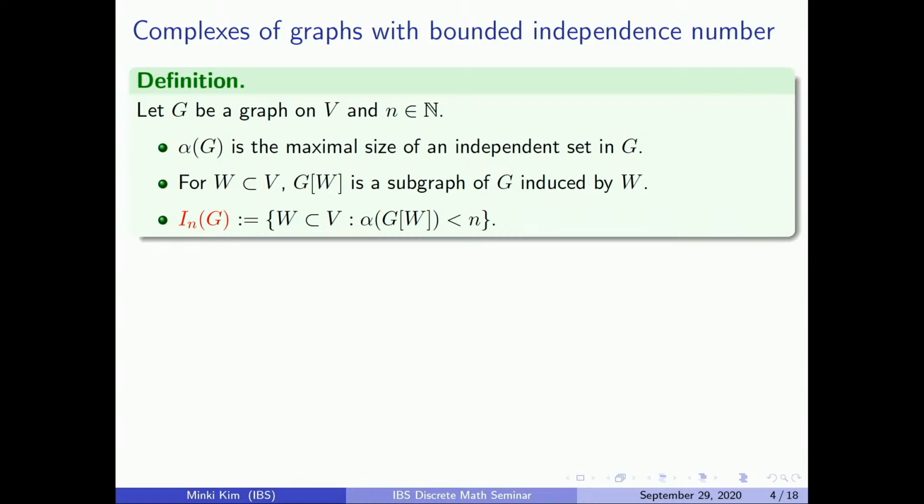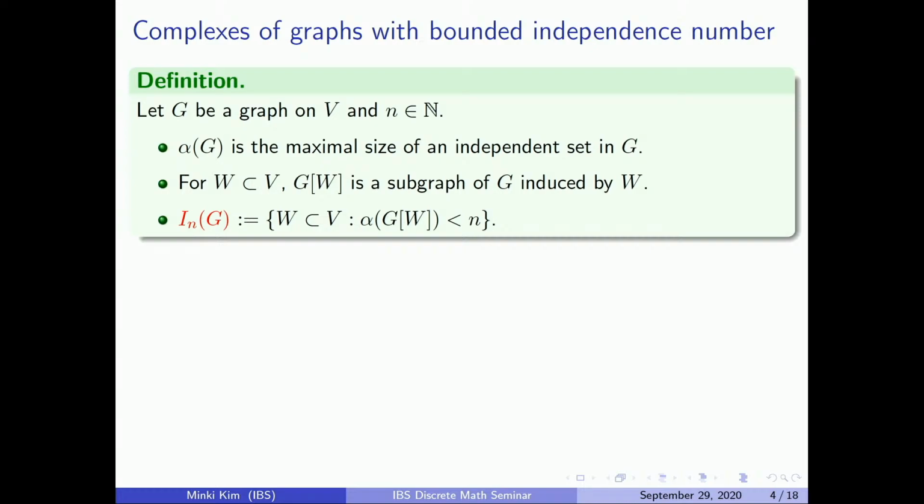So today we will focus on the collapsibility number of complexes of graphs with bounded independence number. Let G be a graph on V and n be a positive integer.